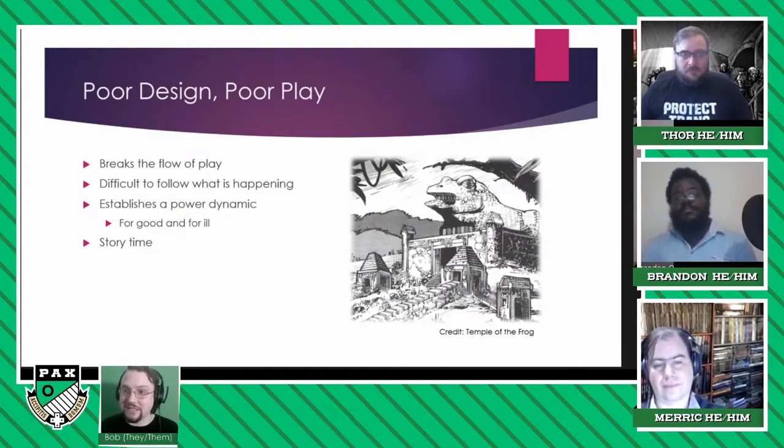The dungeon master is now determining immutable facts about the world. If it goes on for as long as, for instance, that speech I just gave, it's really difficult to follow what is happening. It shatters the flow of play, and usually it doesn't even help a dungeon master engage with the players.